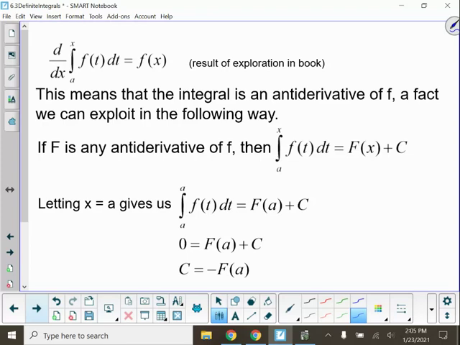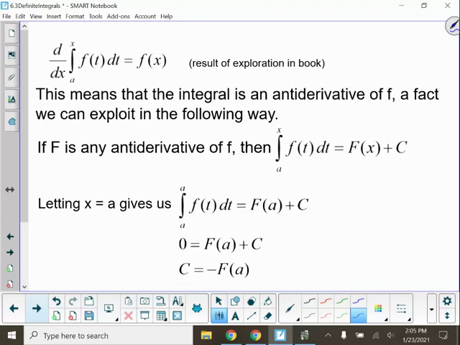But this exploration, this result means that the integral is an antiderivative of f, which we can use in the following way. If we know that capital F is an antiderivative of little f, then the integral from a to x of f of t dt is equal to capital F of x plus c, which means, well, if we have from a to a, that would give us F of a plus c.